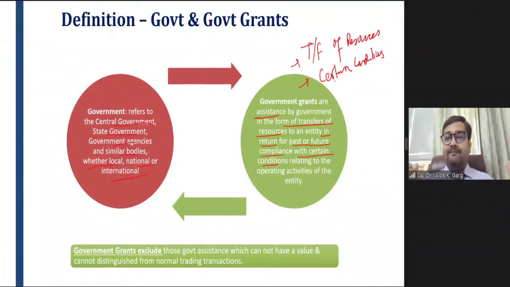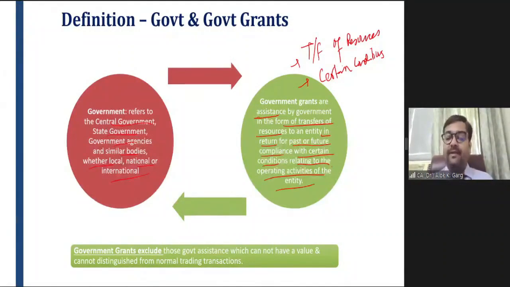So guys, what is a government grant? It is an assistance by government in the form of transfer of resources to an entity in return for past or future compliances. Either the entity has complied with the condition in the past, or the entity will comply with the condition in future. At times the government will provide the grant in advance, or at times the government will pay the grant as a reimbursement because the entity has already complied with the conditions relating to its operating activities.